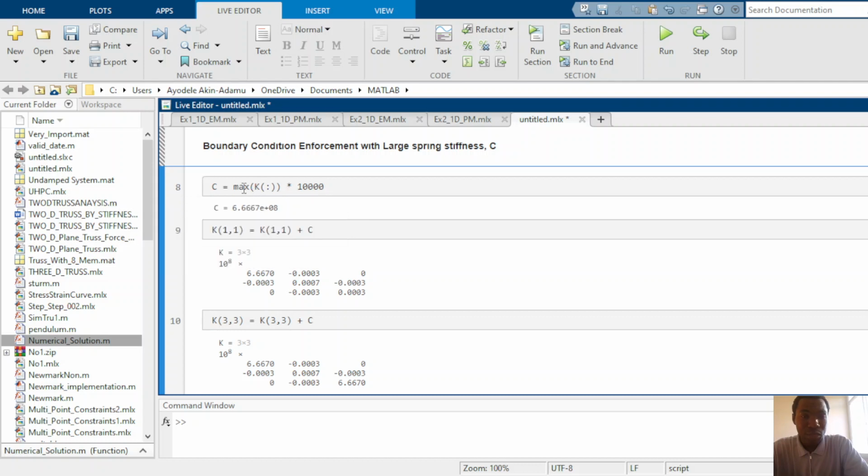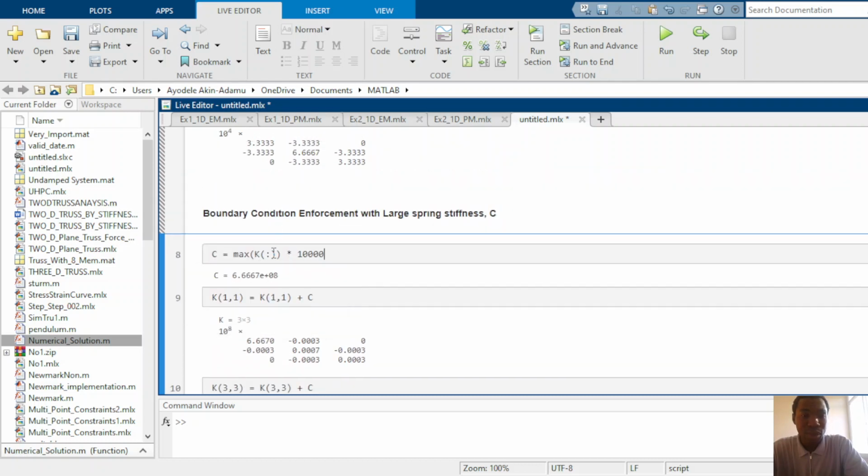In the Matlab code, you see a max function. The max function is an inbuilt function in Matlab that helps us to extract the maximum value in a set of numbers, in a matrix, in a vector.